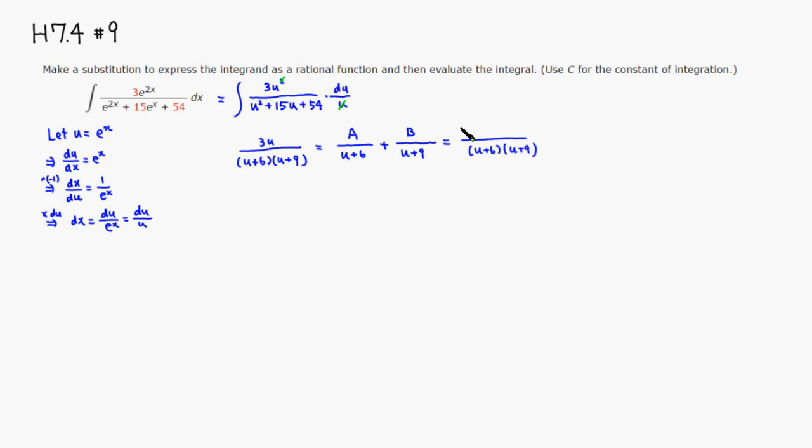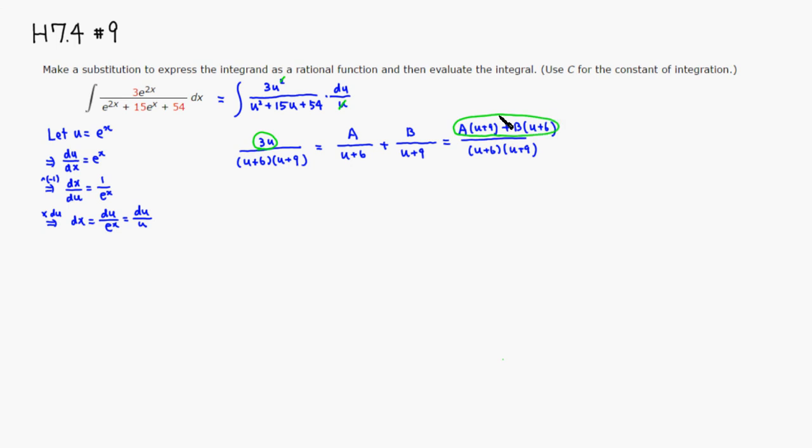Then for A, we multiply by u plus 9, and for B, we multiply by u plus 6. So let's compare the numerator on the left-hand side and the numerator on the right-hand side.